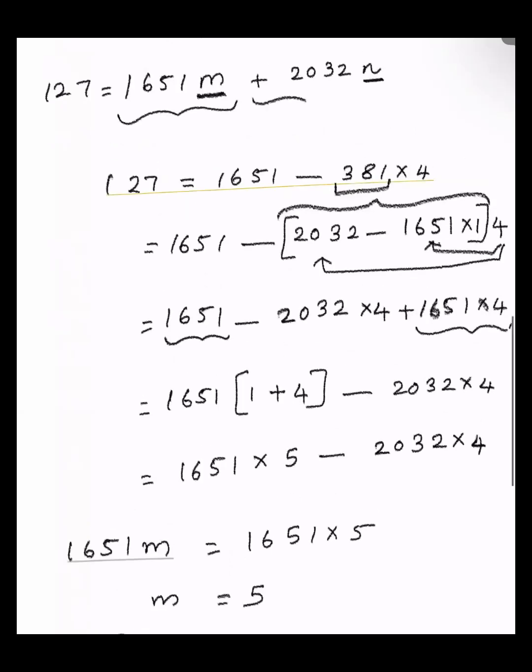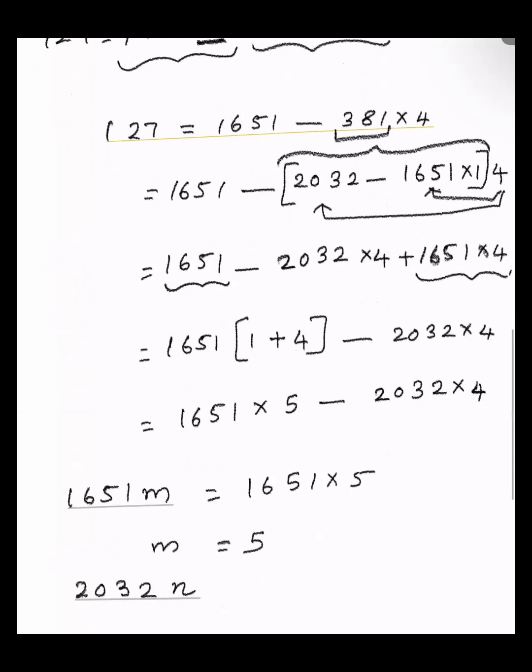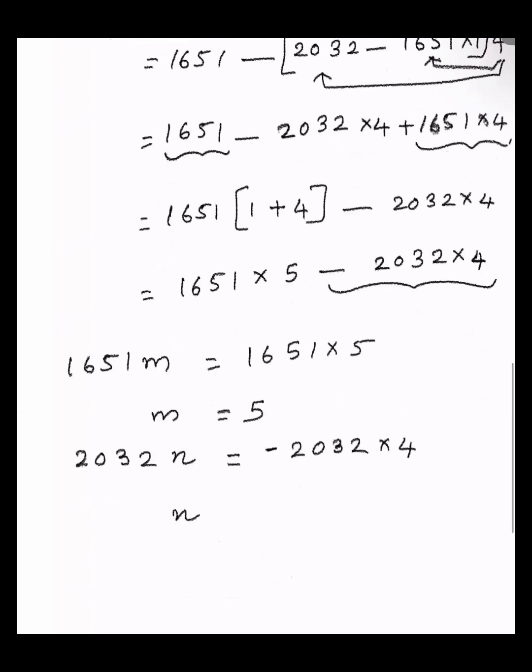I am equating it with negative 2032 into 4. So what is the value of n then? I'm getting n as negative 4. So now I have calculated the value of m and n. m becomes 5 and n becomes negative 4.